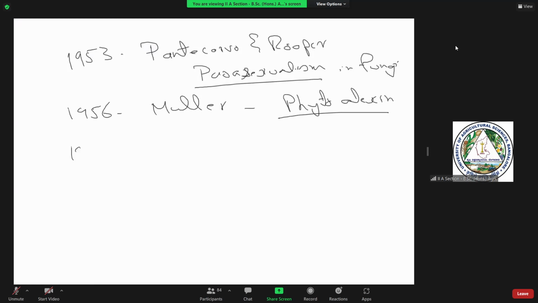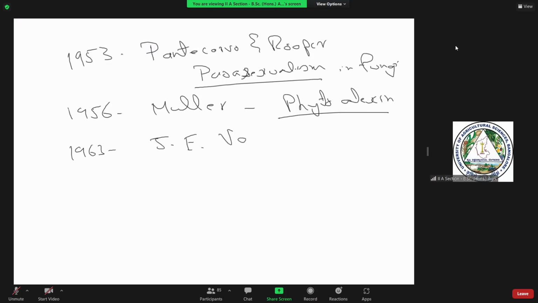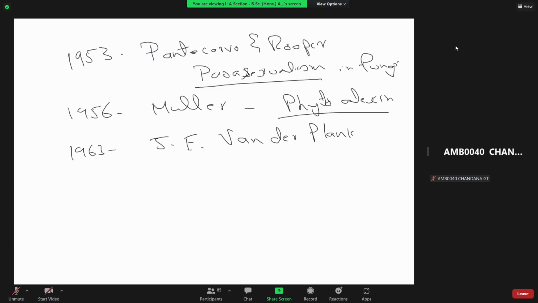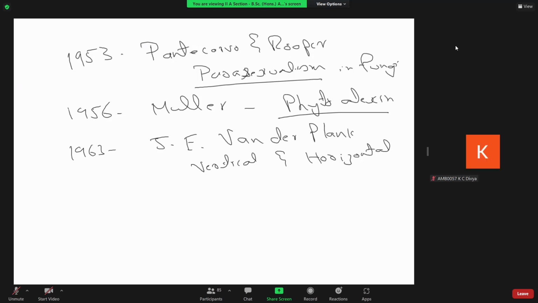In 1963, there was a significant contribution made by J.E. van der Planck. He was the first person to find out the concept of vertical and horizontal resistance in the plant against the pathogen.